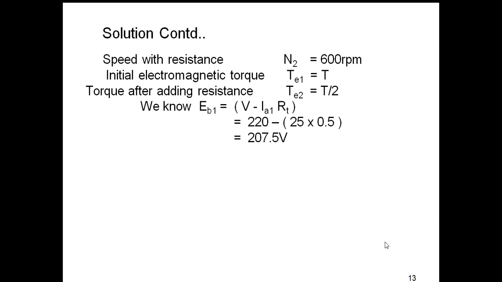On solving this, we get the answer as 207.5 volts. This is the initial back EMF, EB1 is equal to 207.5 volts.